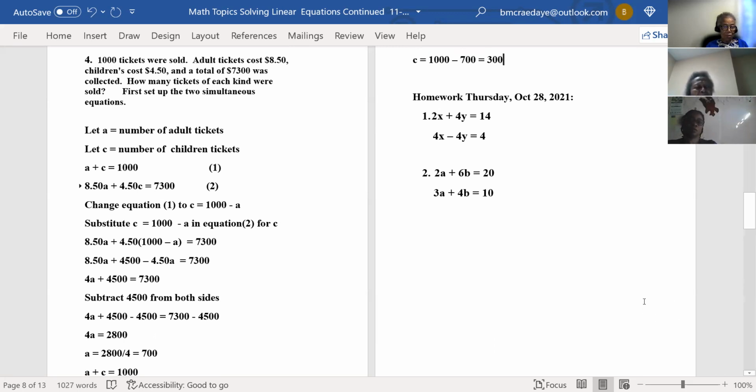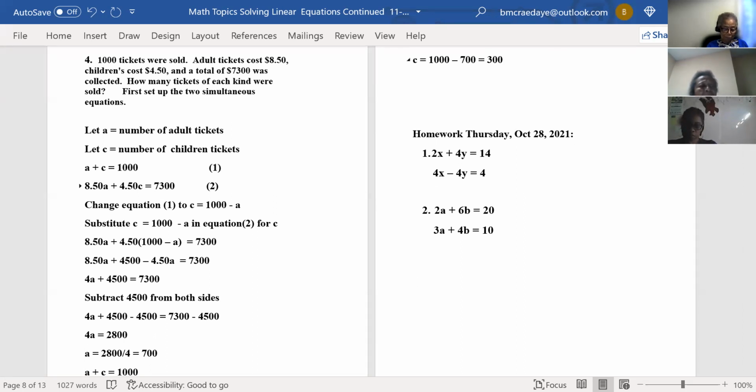Okay, so tickets sold. The tickets sold was 700 adult and 300 children, right? 700 adult and 300 children.